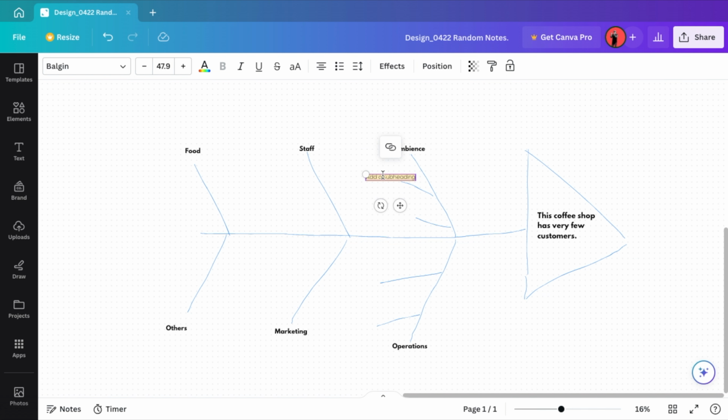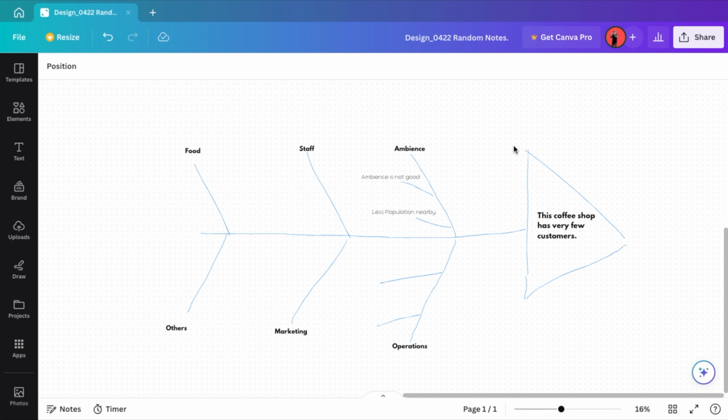the ambience is not good, right? So there is a problem with the ambience. We are not going deeper into the problem right now. We are just identifying the problems in this stage. So is there any other problem with the ambience? Less population nearby.